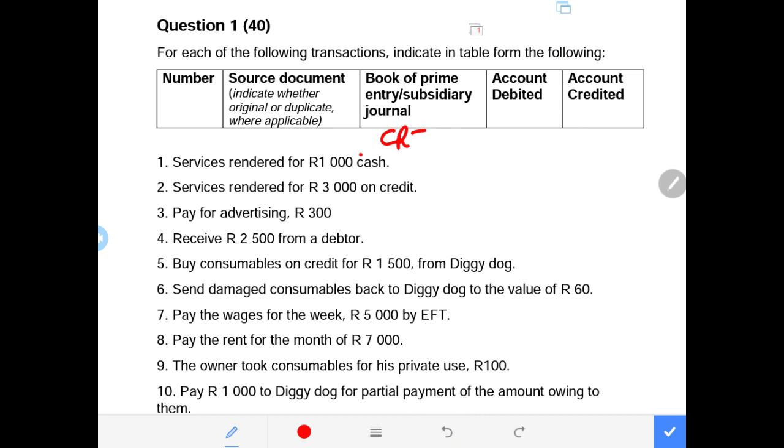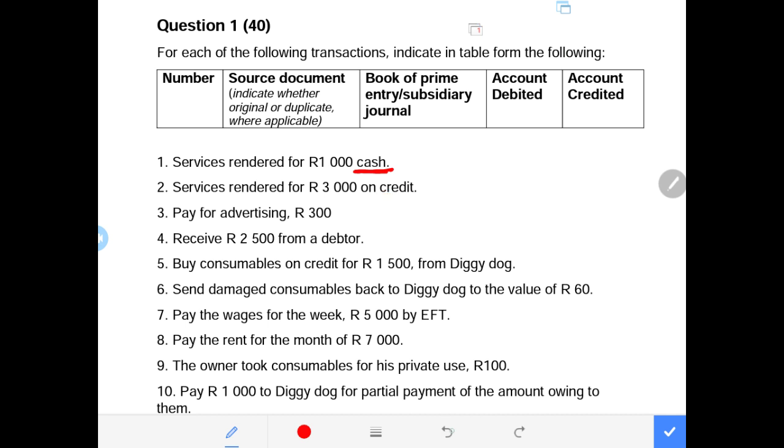So this will be our cash receipt journal in terms of the book of prime entry because this is cash. But if we look at the second one, this is on credit. Therefore, now we need to check if we bought on credit or sold on credit. If we are buying on credit, that will be the creditors journal. If we are selling on credit, that will be the debtors journal.